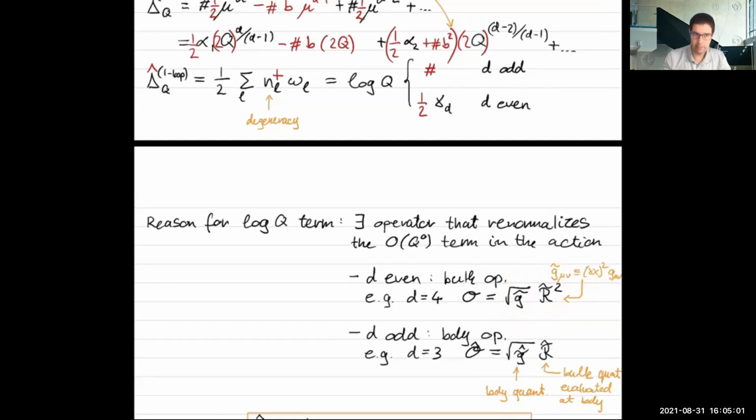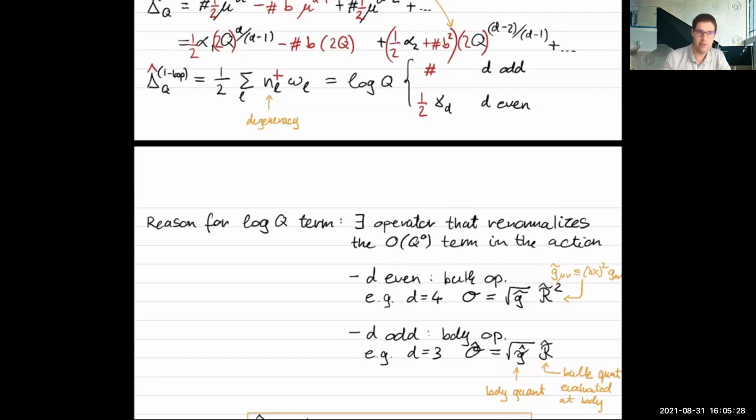But for example, in 3 dimensions with a boundary, we again have an operator, this time a boundary operator, which takes the form of g tilde hat. That means g hat Weyl covariantized times r tilde restricted to the boundary. So this is a term that would contribute to order Q to the 0.